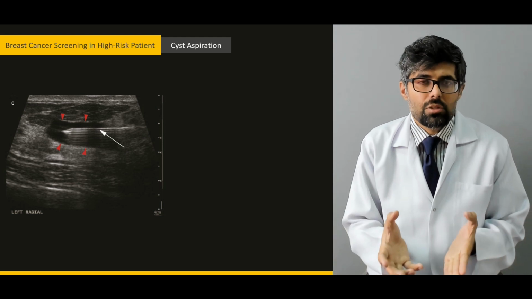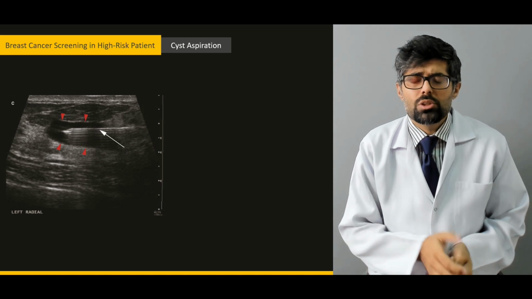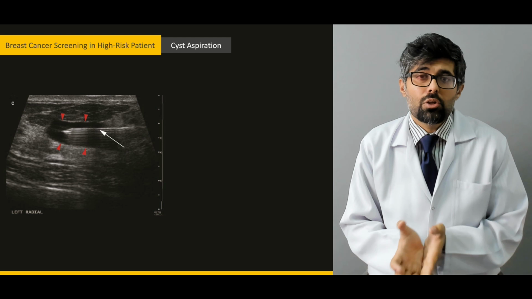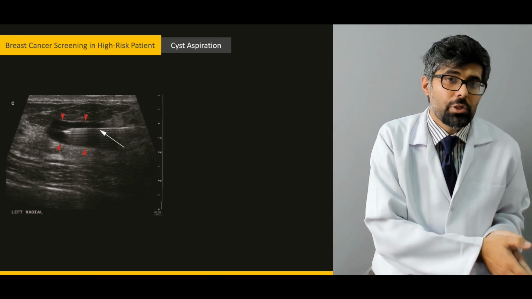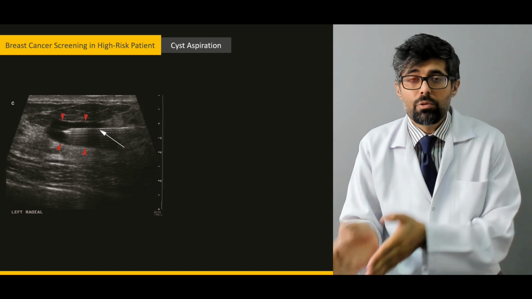So if a patient has a relative who had breast cancer diagnosed at the age of 40, she must undergo yearly examination at the age of 30, that is 10 years prior to the diagnosis of her relative.